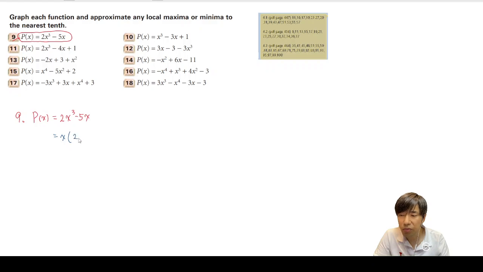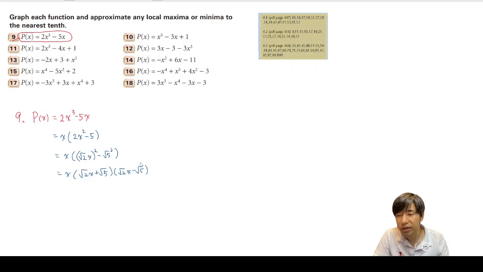So you end up with x times 2x squared minus 5. And this can be rewritten as a difference of squares: square root of 2 x, whole thing squared, minus square root of 5 squared. So this can be factored as square root 2 x plus square root 5, times square root 2 x minus square root 5.